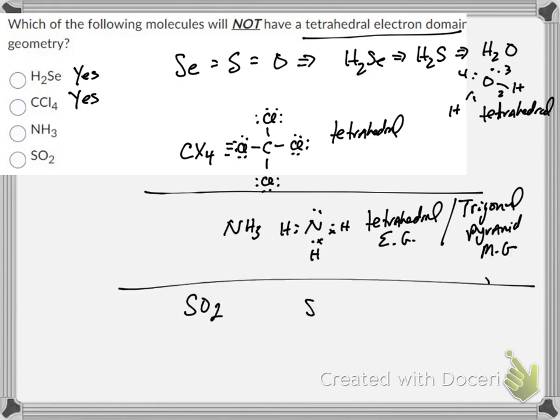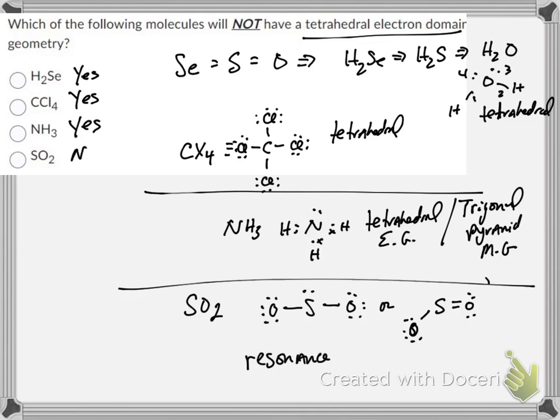The final one is the tricky one. When we try to build the Lewis structure, as we did in class, to put the electrons around here, the problem was oxygen had 8 electrons, but sulfur only had 6. So we delocalized to form a double bond here. Then we recognize this as a resonance structure because there's a single bond and a double bond, but it is not an electronic tetrahedron.